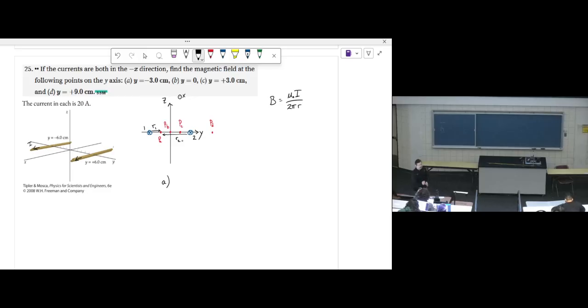So looking at wire 1 and point A, in what direction is the magnetic field due to wire 1 at point A? Up, down, left, right, into the screen, out of the screen, looking at this yz projection right here.